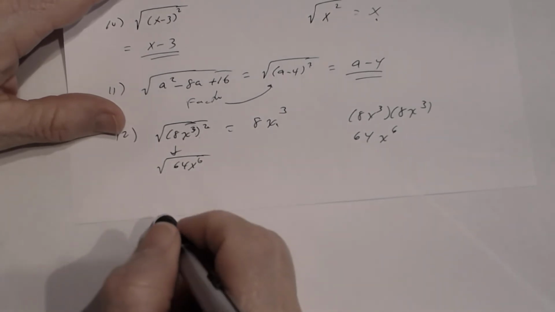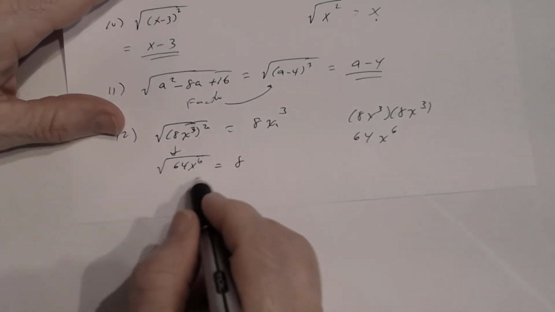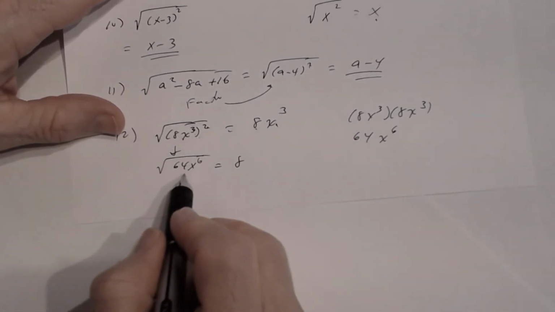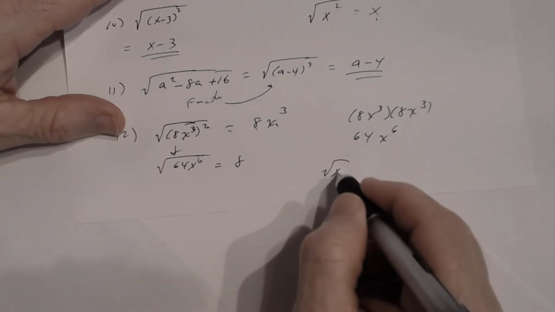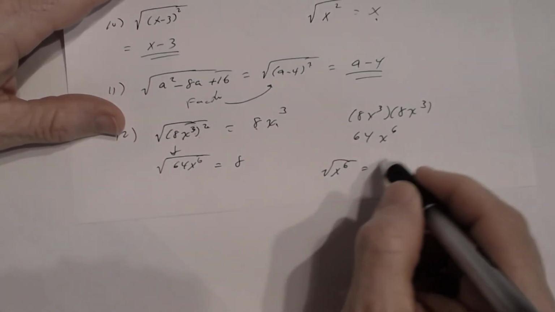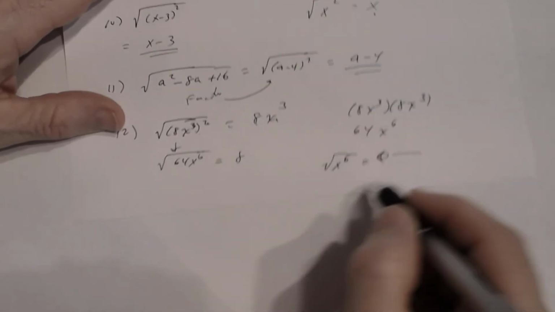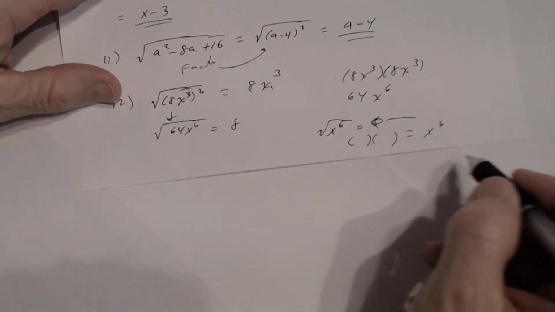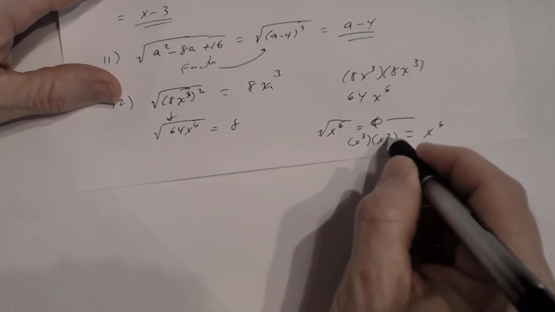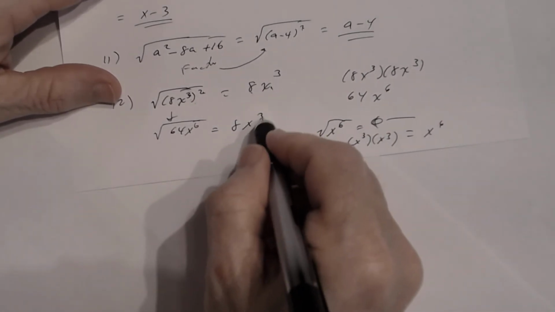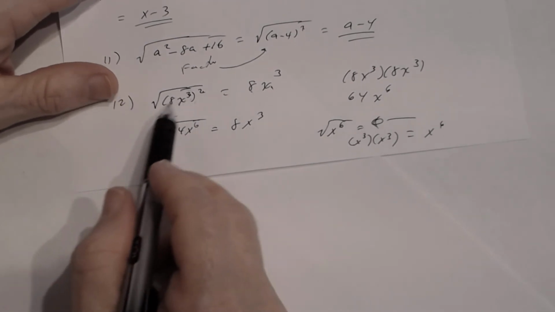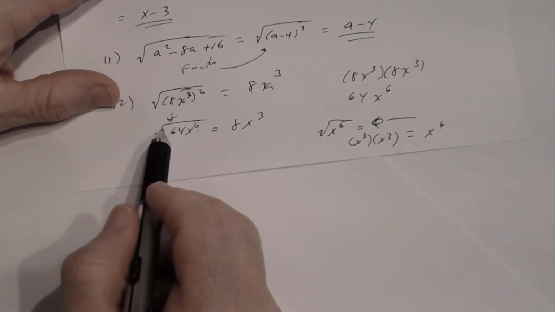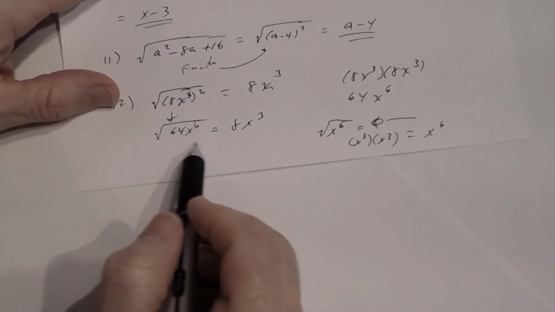But what's the square root of 64? Well, the square root of 64 is 8. That's what we had here. What is the square root of x to the 6? So in other words, what times itself twice is x to the 6? Well, x to the 3rd. And that's what we had here. So if these are monomials and it's being squared, you can go ahead and multiply them out and then get the answer.